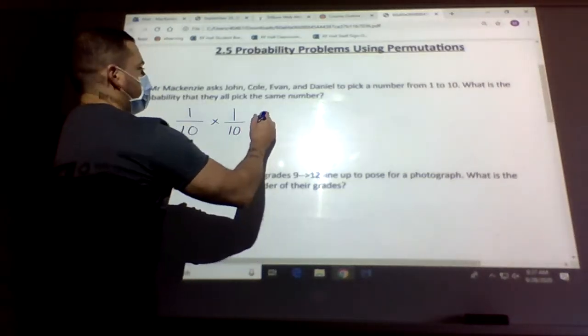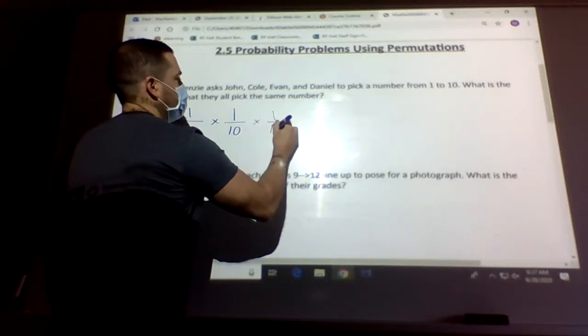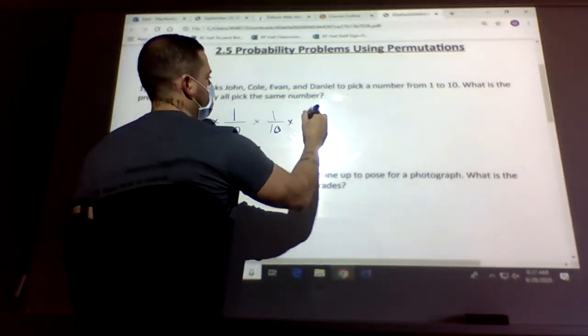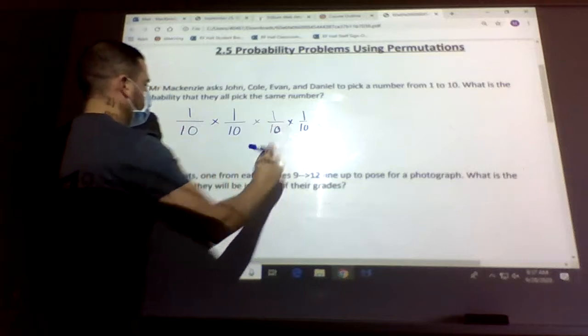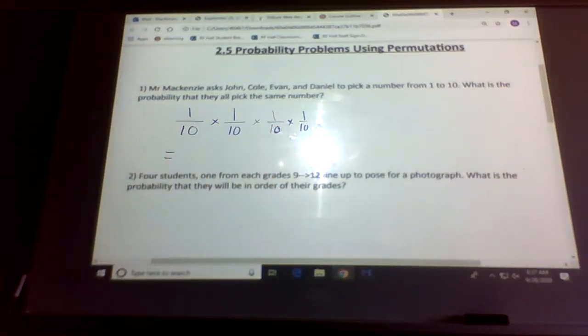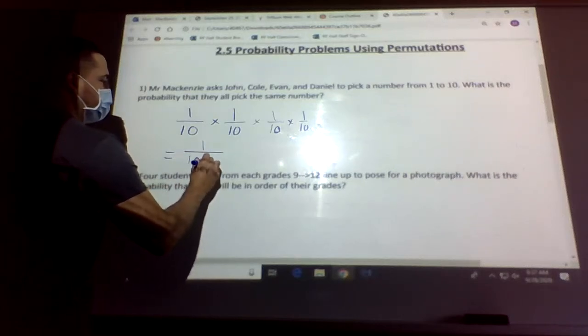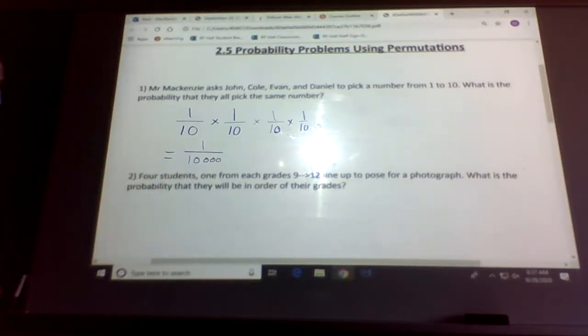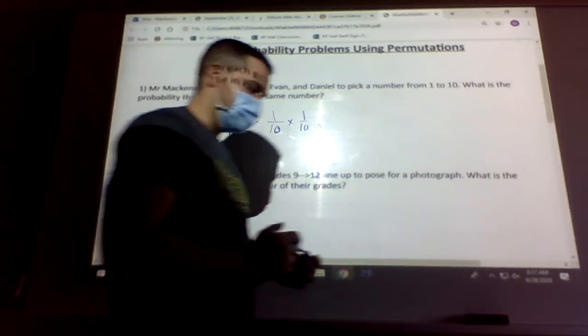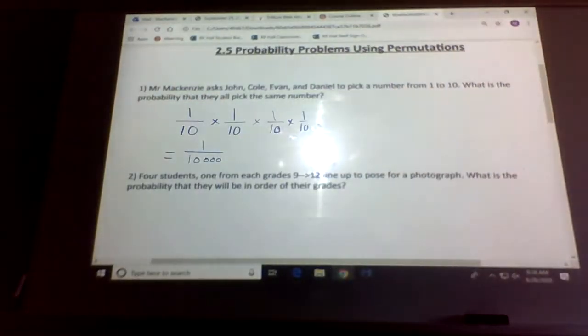Same thing with Evan, 1 out of 10, and then Daniel, 1 out of 10. So we end up getting 1 out of 10,000. So there's a 1 out of 10,000 chance that they all pick the same.